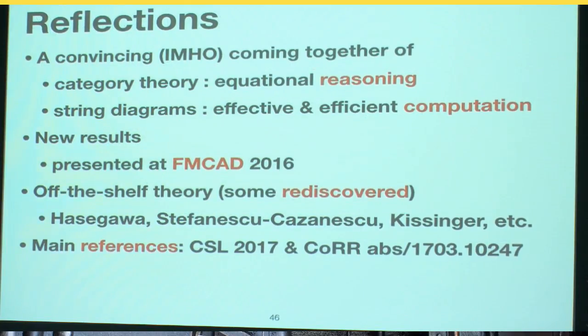So I think that this is a fairly convincing coming together. On the one hand, you have category theory that gives you the principles of equational reasoning that are absolutely essential to prove that all these rewrites are sound. On the other hand, the string diagram representation, the graph rewriting representation, is very important for effective and efficient computation.